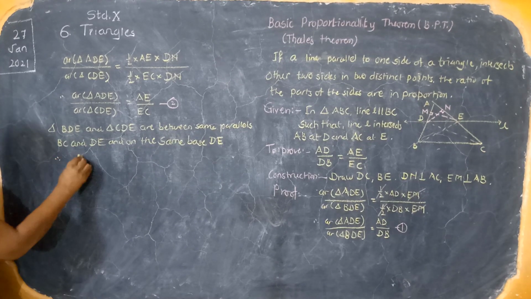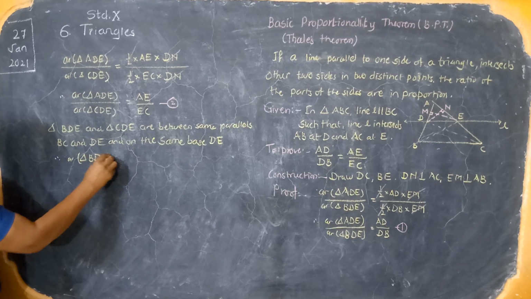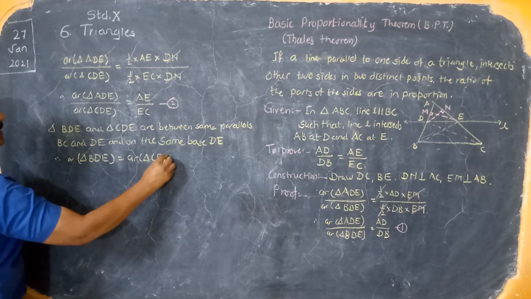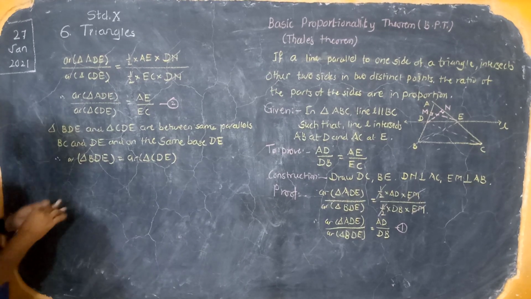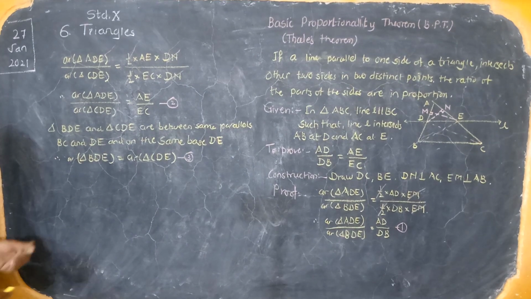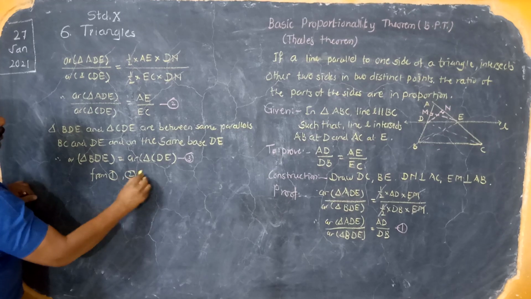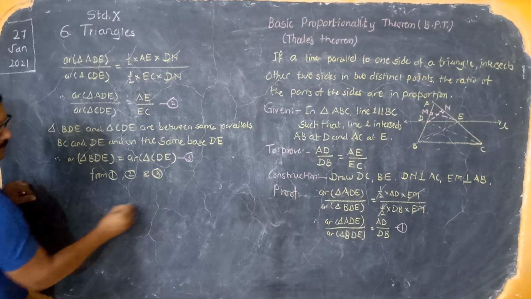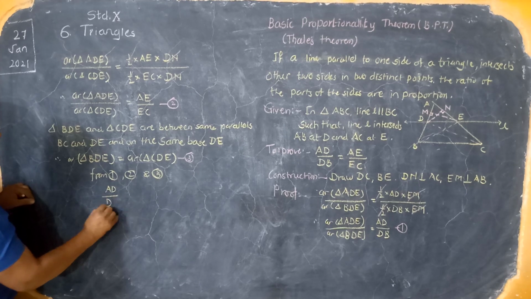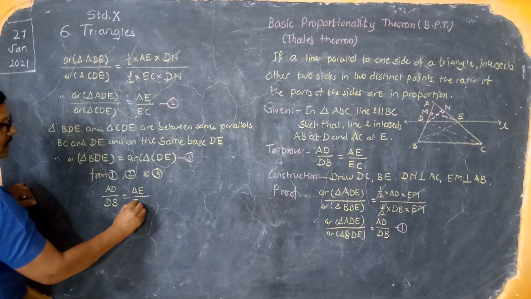Therefore area of triangle BDE is equal to area of triangle CDE. Now this is third equation. Now we can directly conclude from 1, 2 and 3, AD upon DB is equal to AE upon EC.